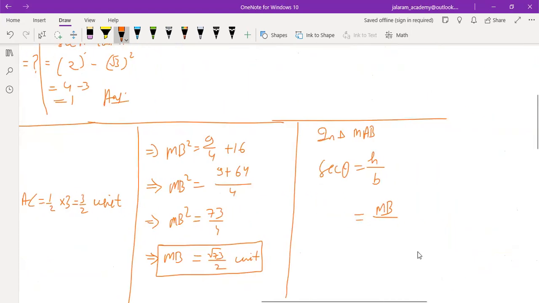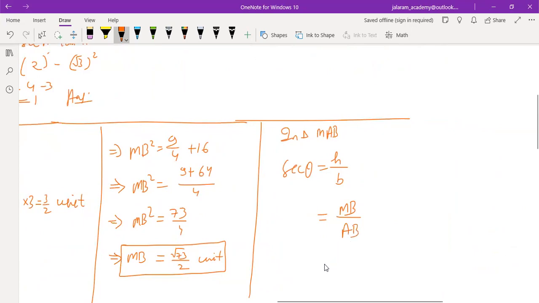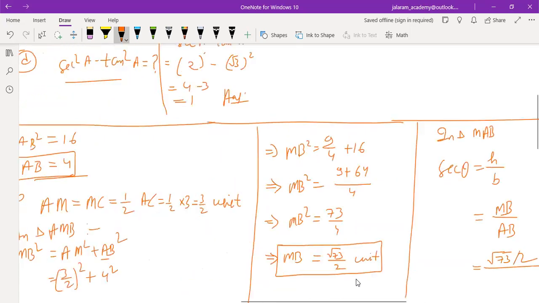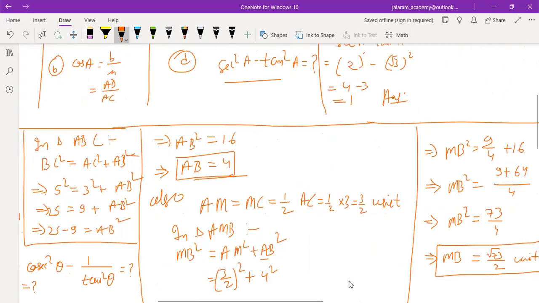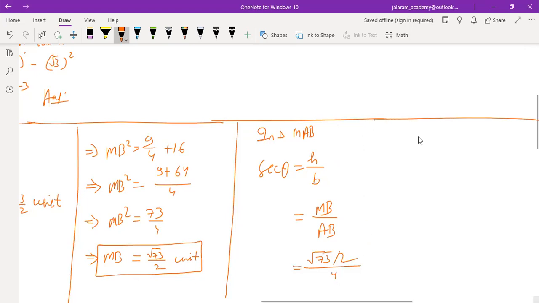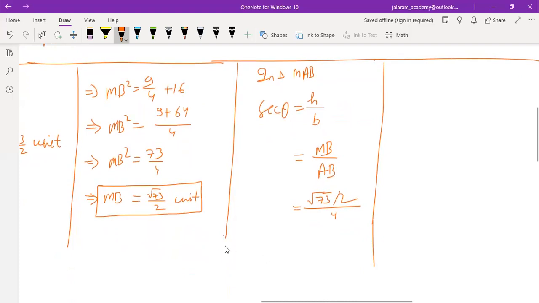So we write AB. MB is root 73 upon 2. AB is 4. So finally, sec theta equals to root 73. This 2 goes to the denominator. That is root 73 by 8. So this is the value of sec theta, part A.